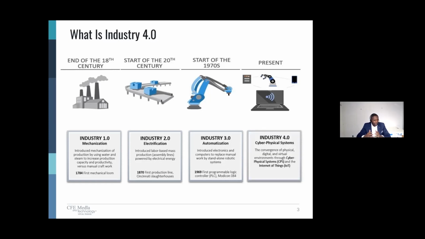Industry 4.0, the fourth revolution, is a revolution that's happening right now. Now, according to research, the physical world, the digital world, and the virtual world are all colliding together, creating smart products, procedures, and processes which make smart factories.